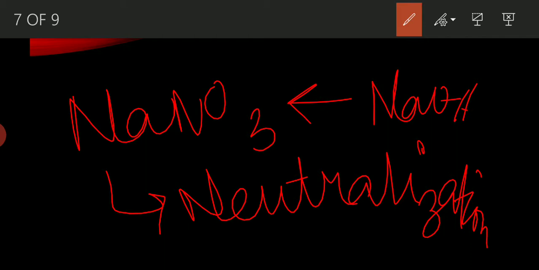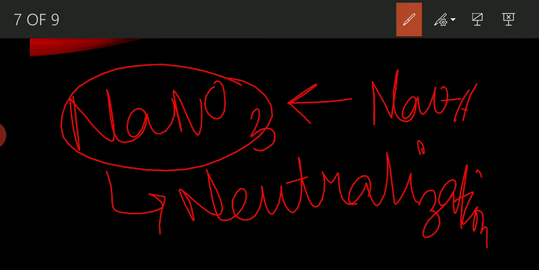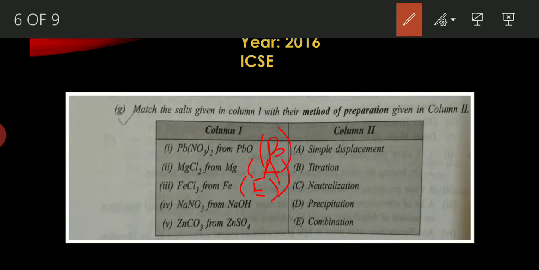When it reacts with an acid like HNO3, nitric acid, when an acid and a base react with each other, it gives a salt, sodium nitrate, and water. So it's a neutralization reaction. Clear? So here the answer will be C.